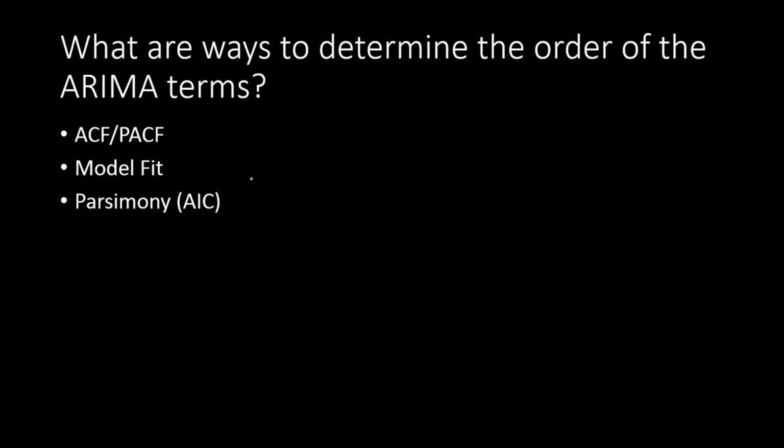I'll just do a brief recap of what I've explained there, and explain the ways in which you can determine the values of P, D and Q. P is the number of AR terms required, Q is the number of MA terms, and D is the differencing.